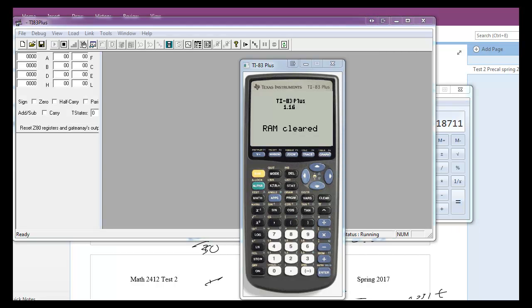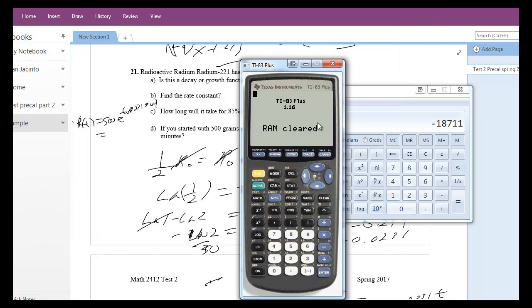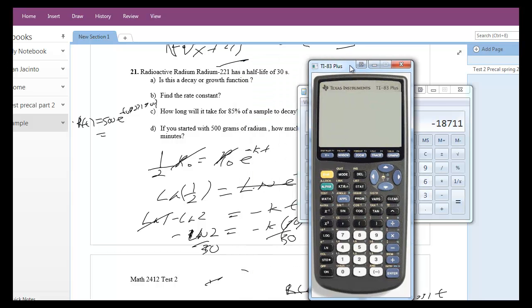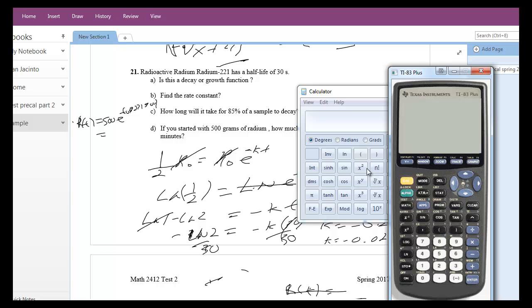Okay, we're going to bring out the big boy. This one says we had 500, right? Exponential key is somewhere. There it is. Second.